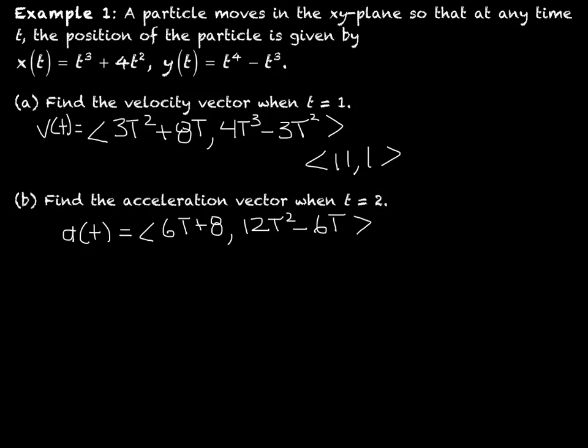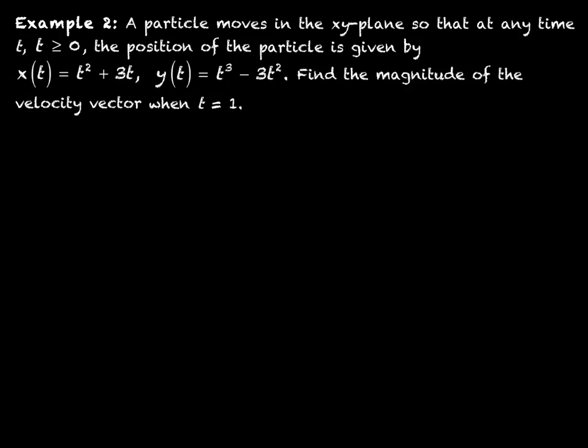And now we're going to plug in 2. And so our acceleration at time 2 is going to be, let's see, 2 times 6 is 12, so 20. And then 2 squared is 4 times 12 is 48 minus 12, that's going to be 36. And that is the acceleration vector.